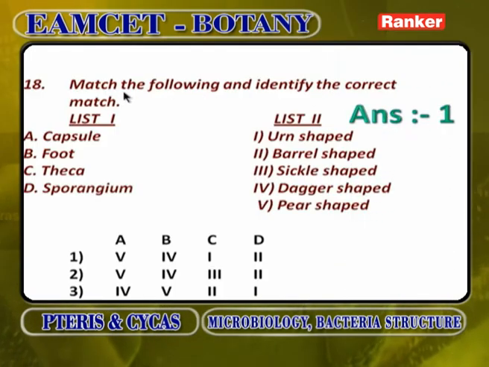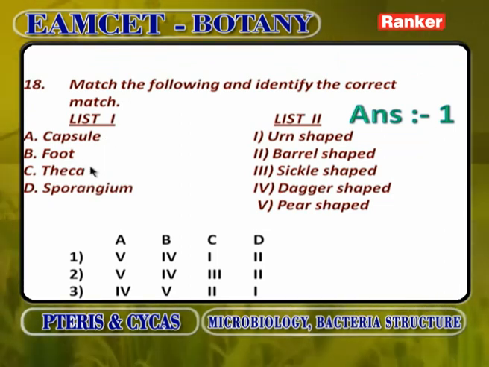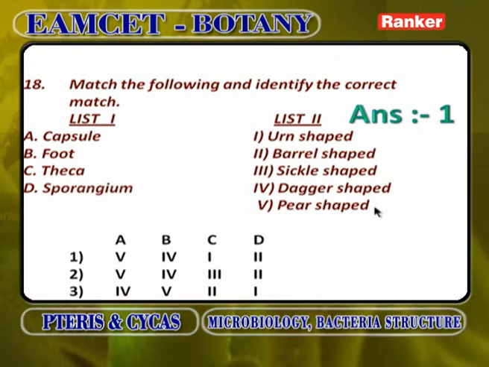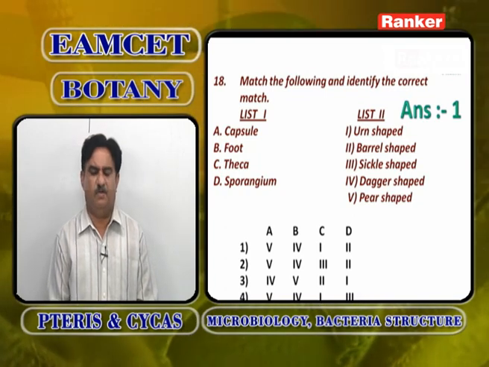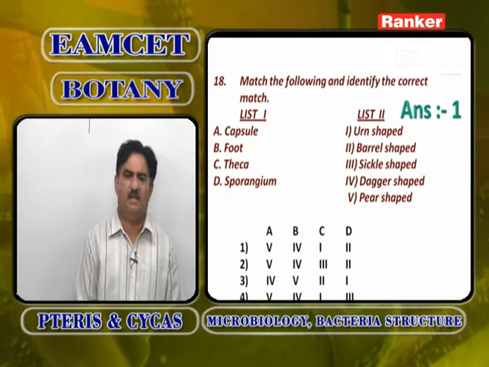This is another matching. Match the following and identify the correct match. Capsule, foot, theca, sporangium. Urn shape, barrel shape, sickle shape, dagger shape, pear shape. So A5: capsule is pear shape. It appears like an almost egg shaped structure. B, foot: foot is always dagger shape. Dagger is like a knife.